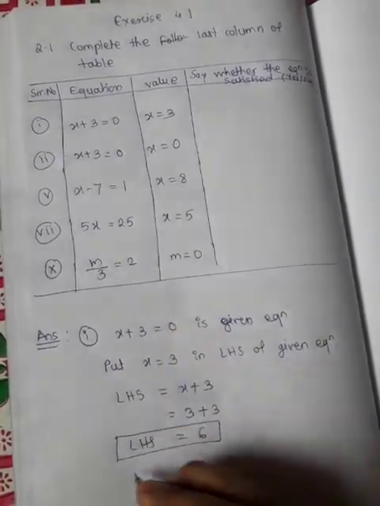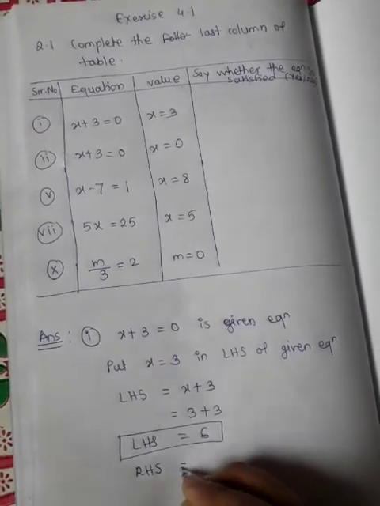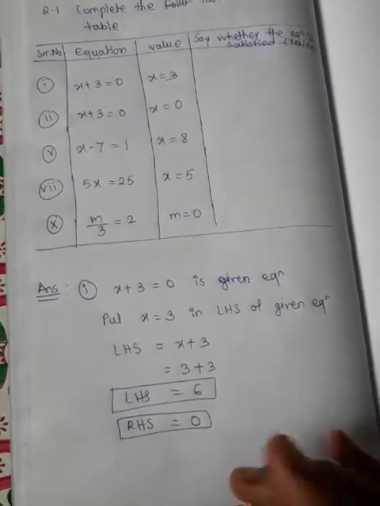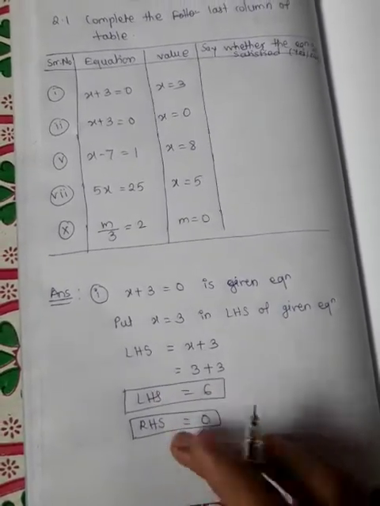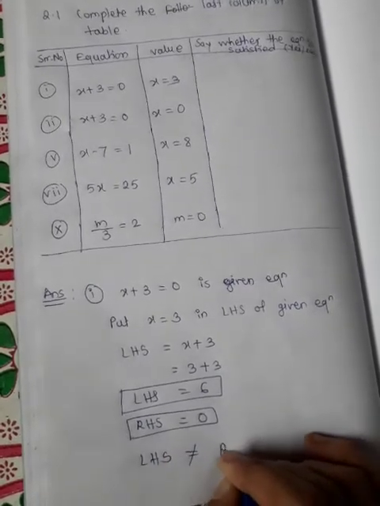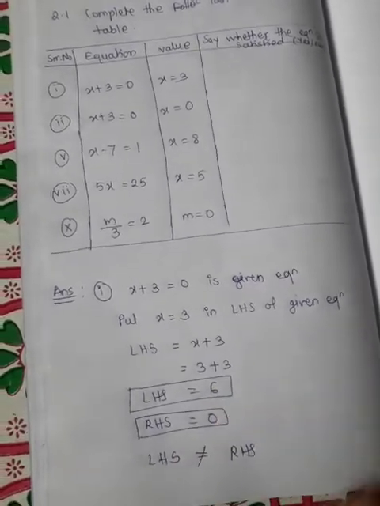Now what is the value of RHS? The value of RHS is 0. If we compare LHS and RHS, then what will we get? LHS is not equal to RHS. 6 is not equal to 0.